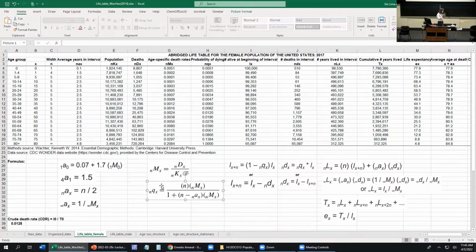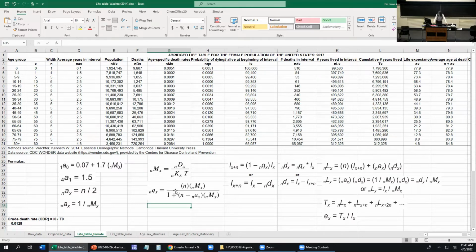And there are several different formulas to transform the mortality rate into mortality probability. This one is one way to do it, and I'm using this textbook here, Essential Demographic Methods from Wachter.